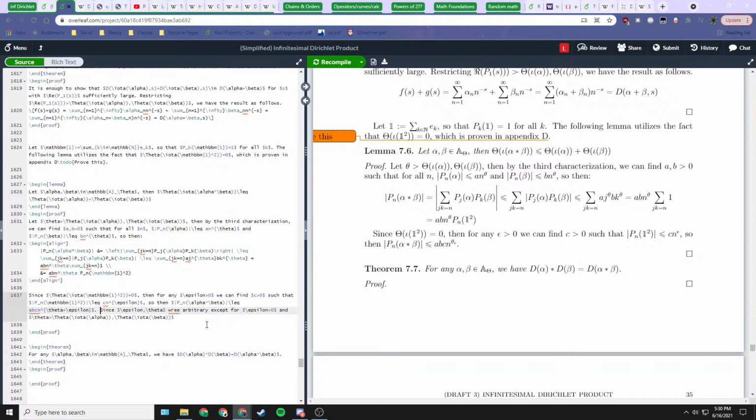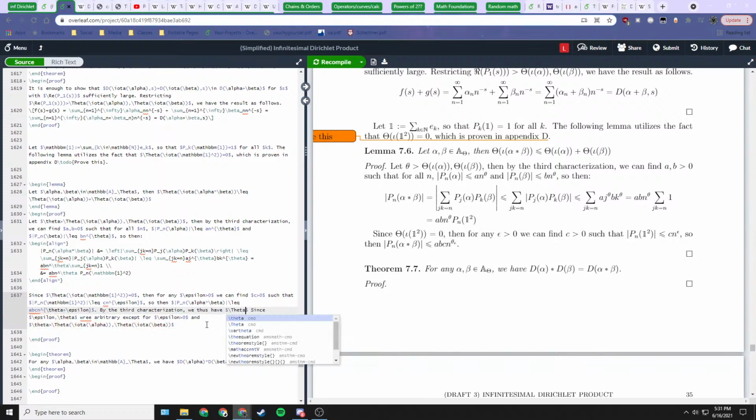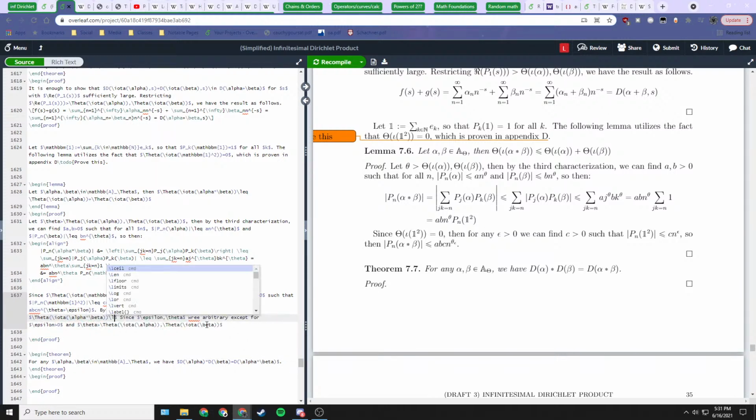Okay, so yeah, by the third characterization, we thus have theta of iota alpha star beta is less than or equal to theta plus epsilon.